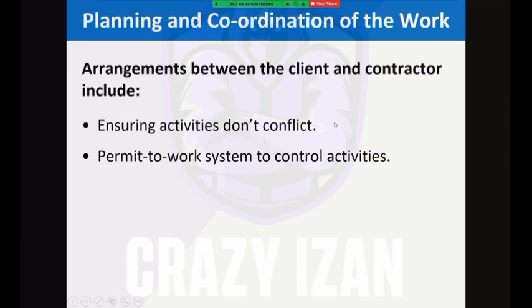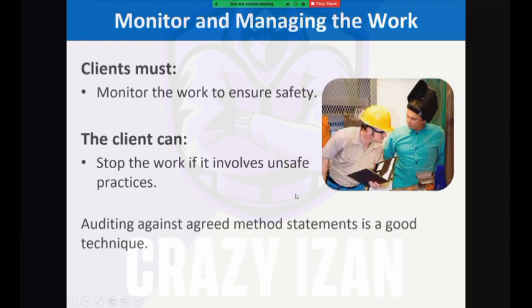So usually this is managed by implementing a permit to work system, PTW system. Okay, so before the contractor carries out any work, they must obtain a permit to carry out the work. So PTW is implemented to ensure activities don't conflict, and the permit to work system is used to control the activities.